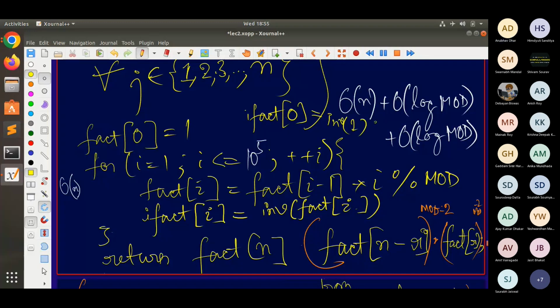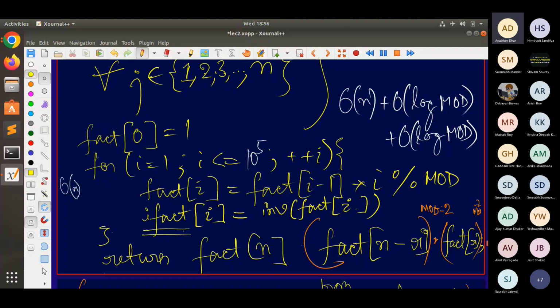But it's pretty obvious, right? What would be the value of this? Anyone? Okay, I think there is some problem in understanding what ifact is.